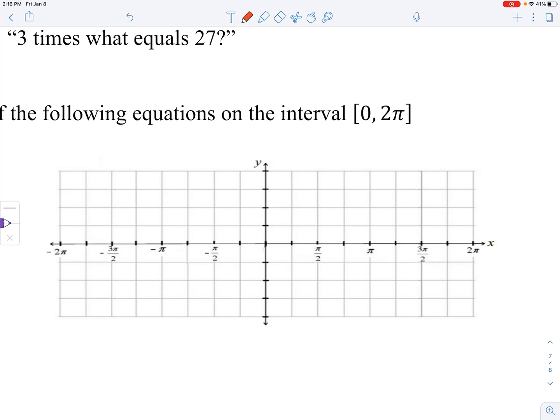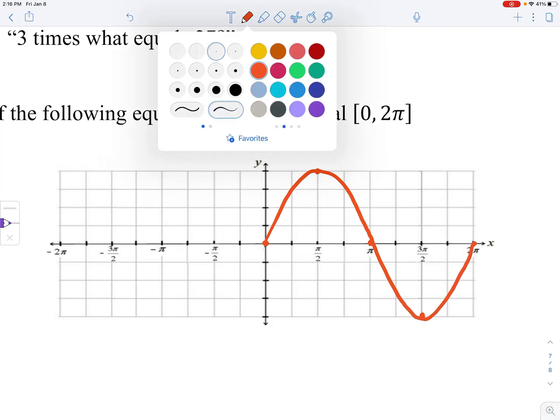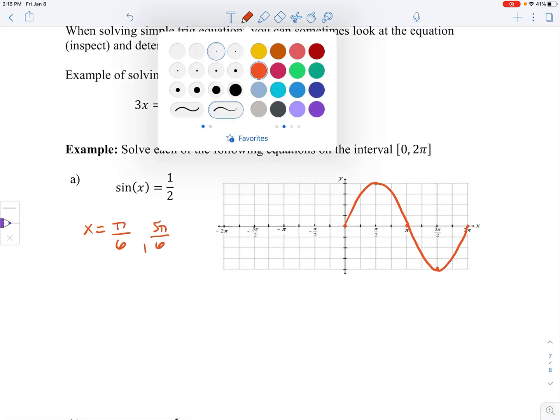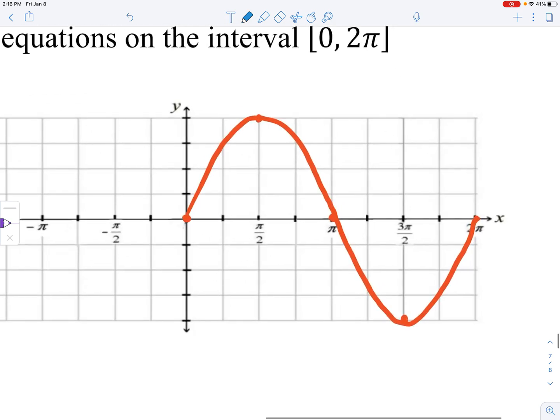You can also think about solving graphically. More complicated trig equations we will solve graphically on our calculators. But if you thought about the graph of sine, I just had it drawn, but here, I'm just going to sketch it very quickly, just from 0 to 2 pi. So the left-hand side here is sine, the right-hand side is 1/2.